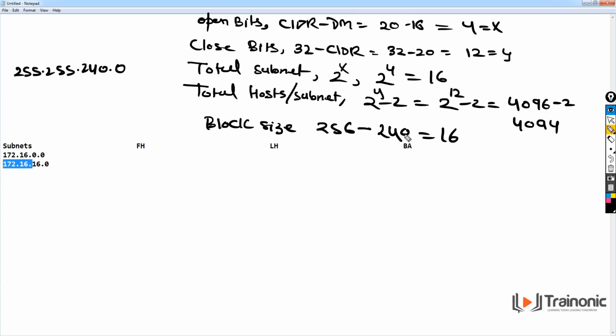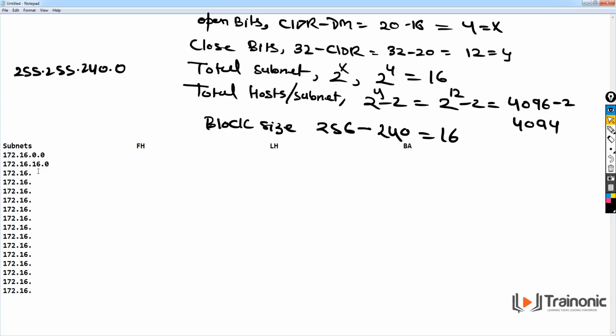Another will be, please have patience, 1, 2, 3, 4, 5, 6, 7, 8, 9, 10, 11, 12, 13, 14, 15, 16. We will get 16 subnets.